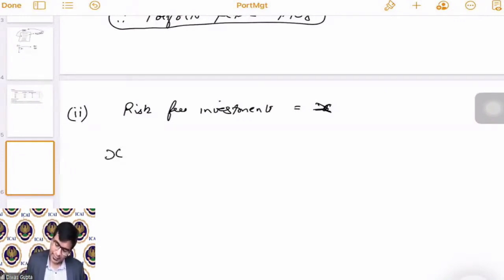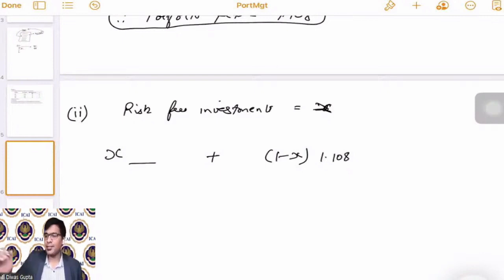X multiplied by the beta, which I'm leaving blank here. 1 minus X is already we have 1.108, because we are going to multiply it. Perfect, Harshad, it's 0. So X multiplied by 0 plus 1 minus X multiplied by 1.108, which is the portfolio beta.